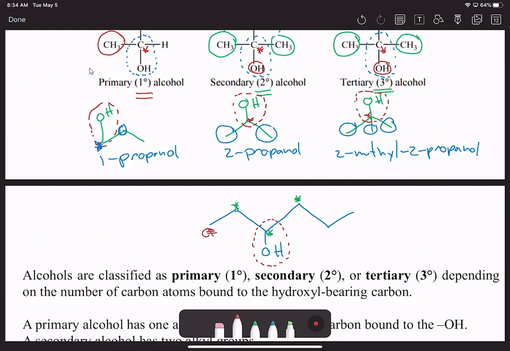This carbon is not bonded to this carbon. This carbon's bonded to this carbon up here, right? So we need to ask ourselves how many are directly bonded to this particular carbon here. So we have 1, 2, making this a secondary alcohol. So however many carbons are directly bonded to there signify the type.